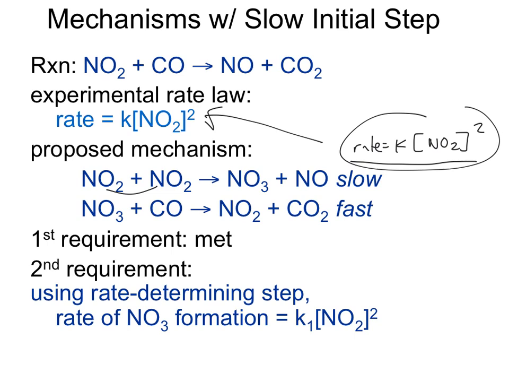Remember, we have to make sure that the overall steps of the proposed mechanism sum to the overall reaction from the balanced equation. And the second requirement is that the rate law that you determine using the rate determining step must be supported by the experimentally determined rate law. So this is a plausible mechanism, and this is how you do this process when you have a slow initial step as the first step in your proposed mechanism.